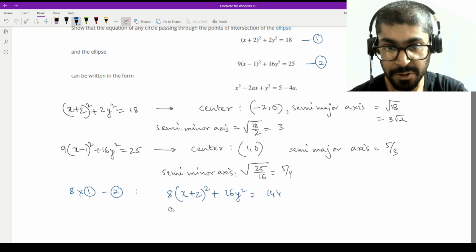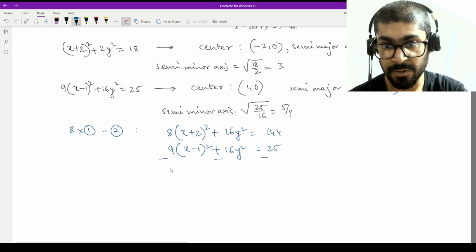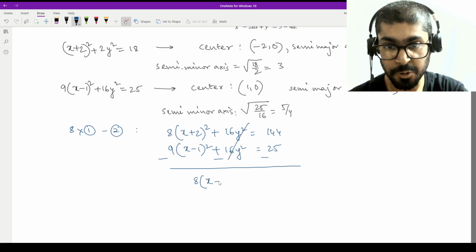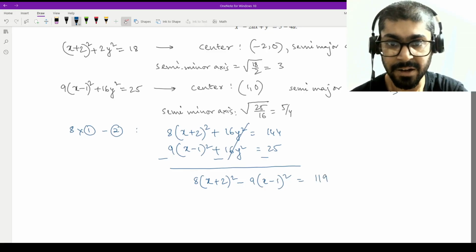And this is 9(x - 1)² + 16y² = 25. Subtract them. I end up with 8(x + 2)² - 9(x - 1)² equal to, this should give us 119, right?